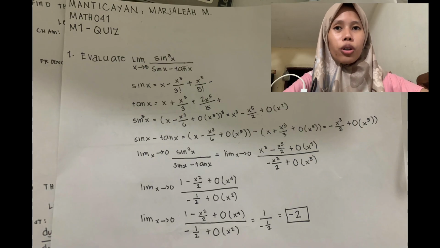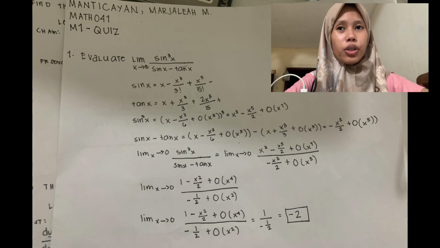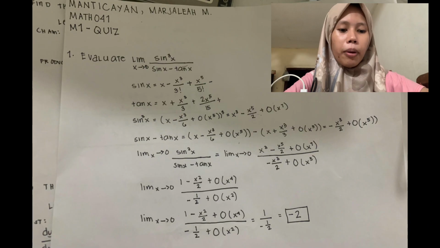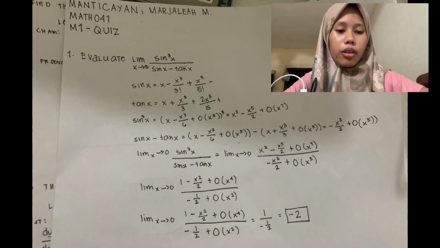To recall the Taylor series expansion around x equals 0, we have sine x is equal to x minus x cubed over 3 factorial plus x to the power of 5 over 5 factorial.